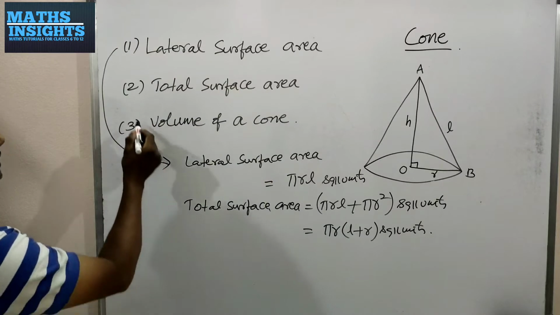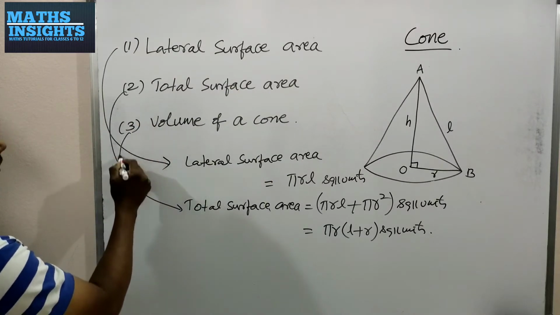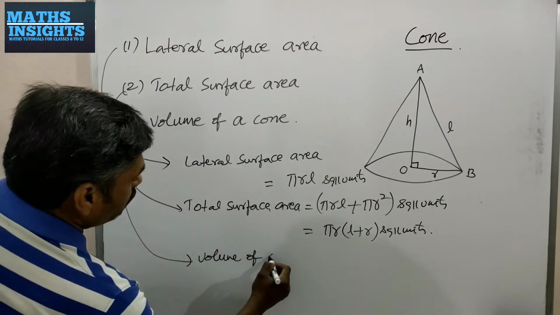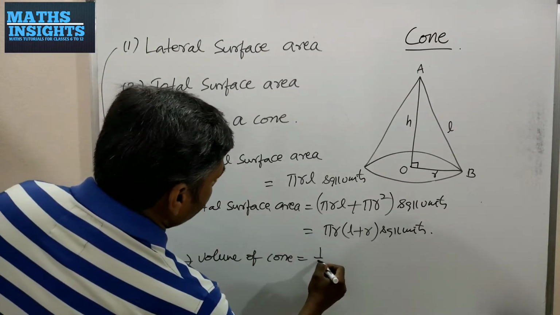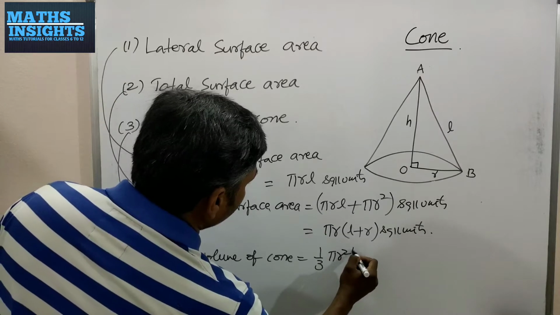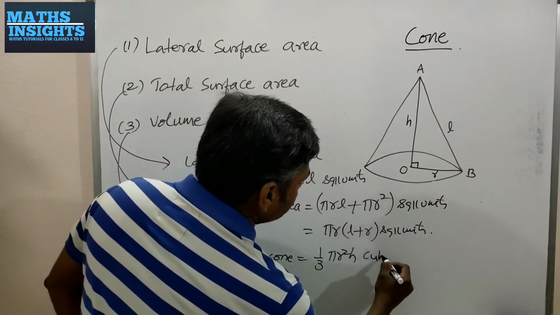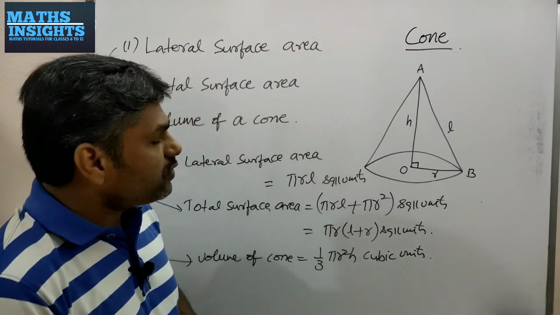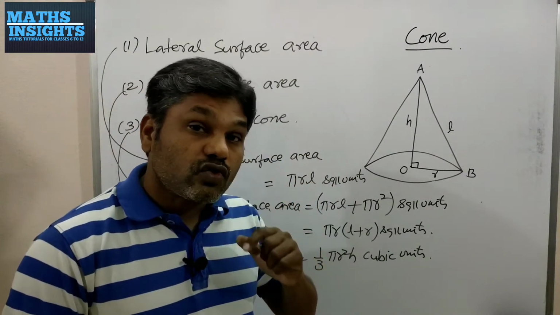This is the second one. Coming to the third one, volume. Volume of cone is equal to 1 by 3 pi r square h cubic units. Keep in your mind, if you calculate the area, the units are square units.